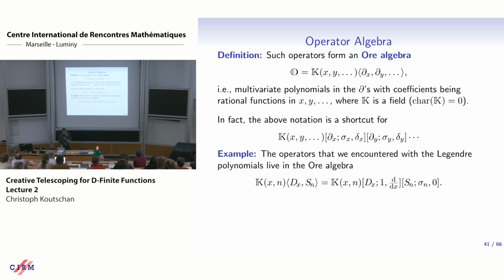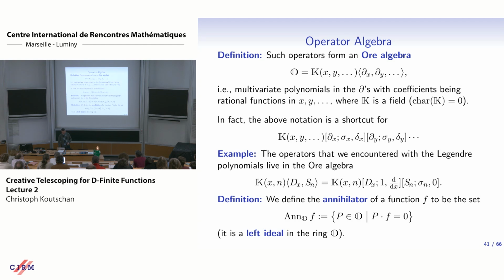So, if we again look at the Legendre polynomials, we have two variables, x and n. We can differentiate with respect to x. We can shift with respect to n. So we get this Ore algebra that is suited for representing the relations that are satisfied by the Legendre polynomials.